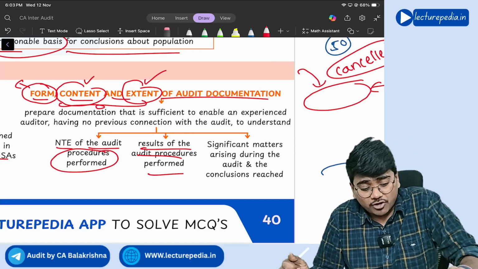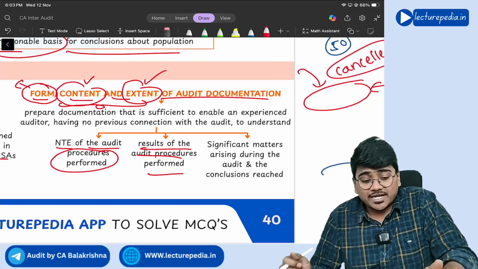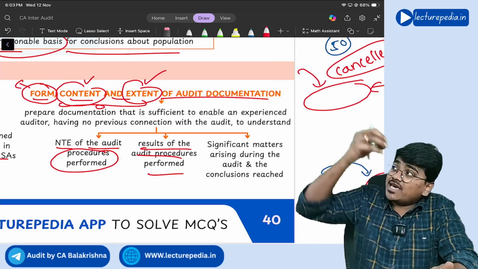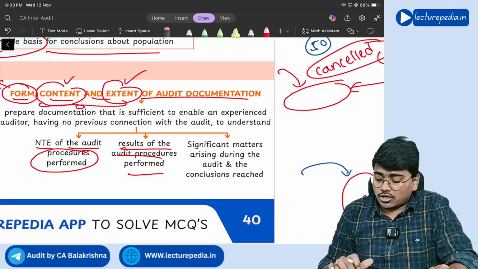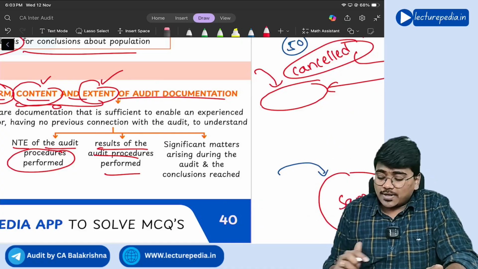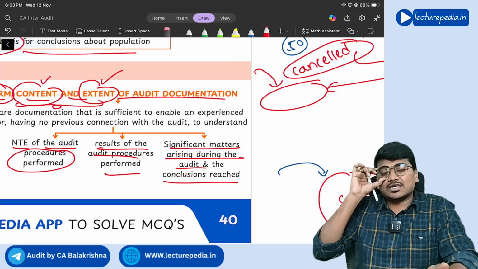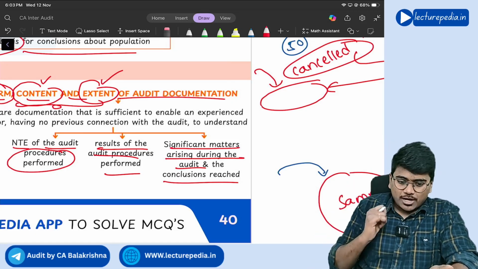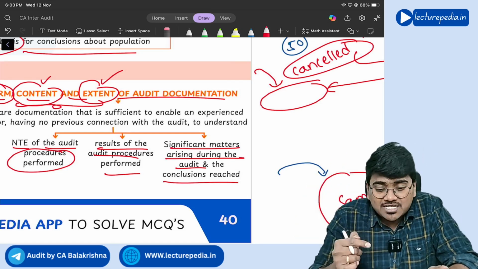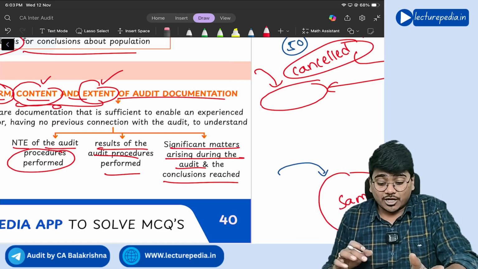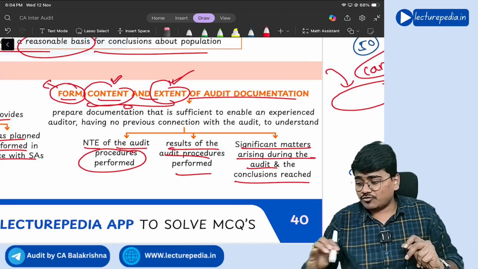So after performing those audit procedures, what results, what evidence you have obtained, that should be understood by an experienced auditor who is not associated with your audit, and he should also be able to understand significant matters arising during the audit and the conclusions reached. So what conclusions you have reached should be understood by that experienced auditor by just seeing the audit documentation. Now you got an answer to what should be the content and extent of documentation.